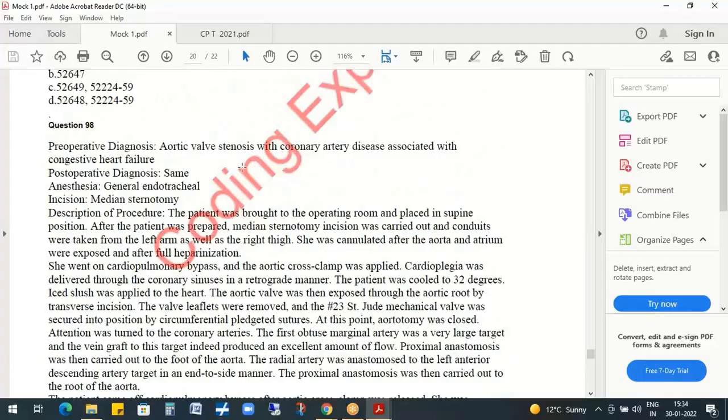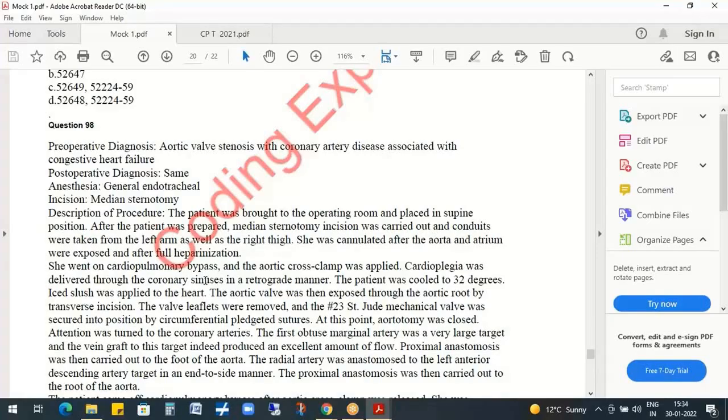Now you can see the patient was brought to the operating room. She went on cardiopulmonary bypass. Is it there or not? In the fourth line. Are you able to see here? Are you able to notice that?